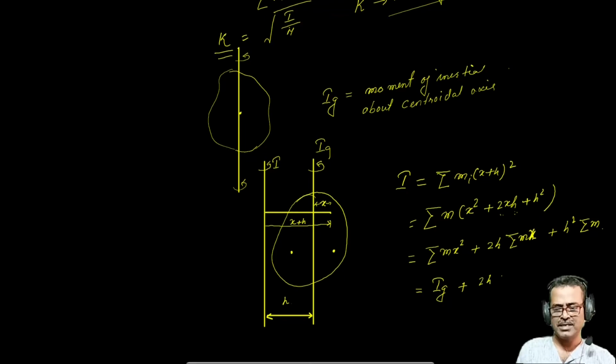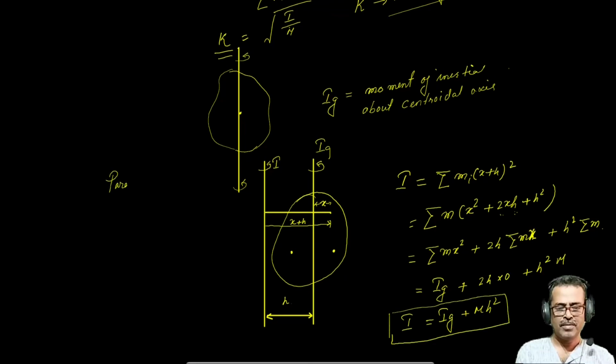So 2h into 0 plus h square sigma m, that is the sum of all the point masses, which is equal to the mass of the body, giving Ig plus m h square. This is called the parallel axis theorem.